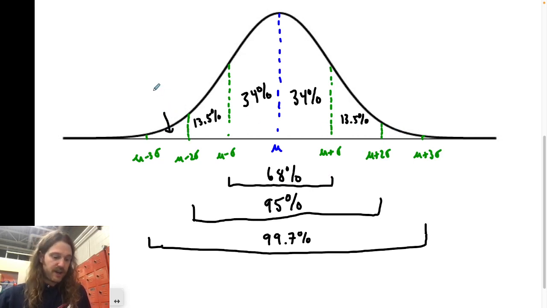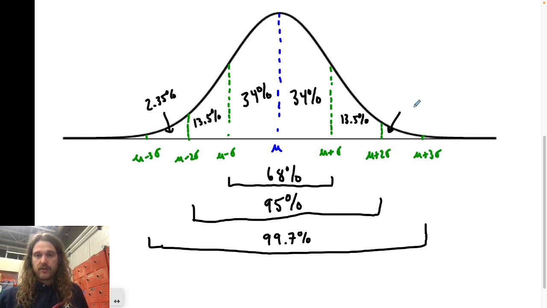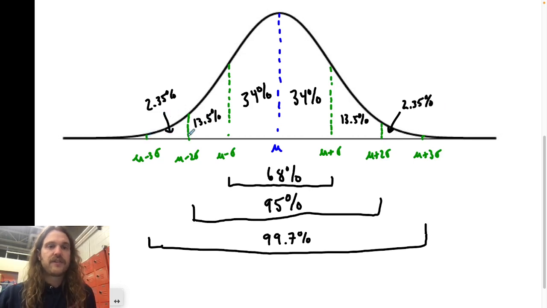So that means if you divide by 2, 2.35% of the data is held within the third and the second standard deviation here, and 2.35% within the second and the third here.